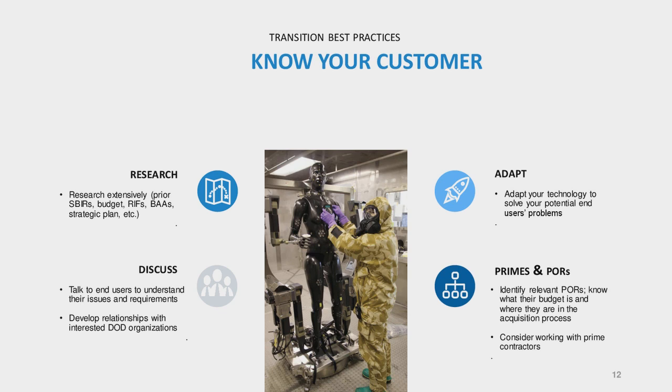We all do, and on the government side, theirs are somewhat amplified or magnified. And so the more homework you can do on the research side, the better able you are to discuss how your technology is a solution for their issues and their problems.